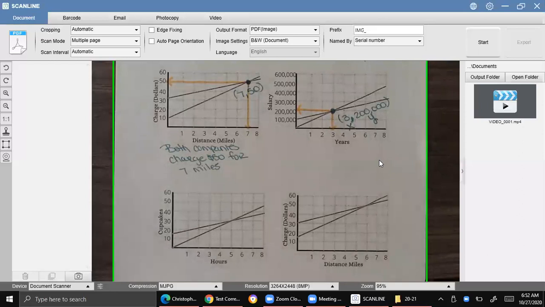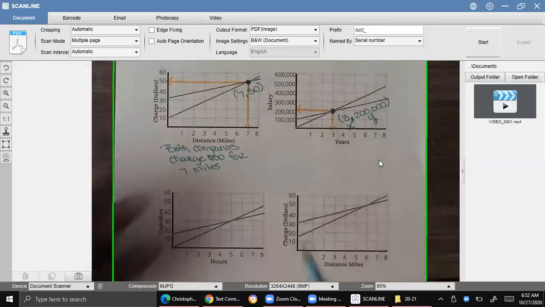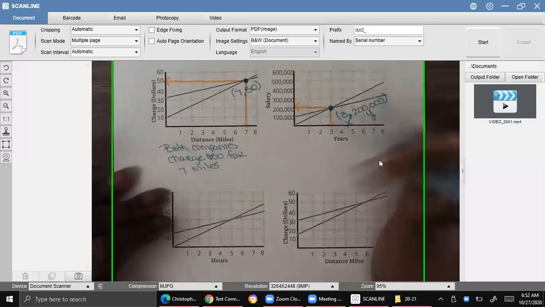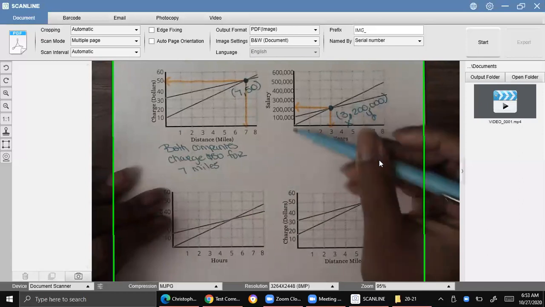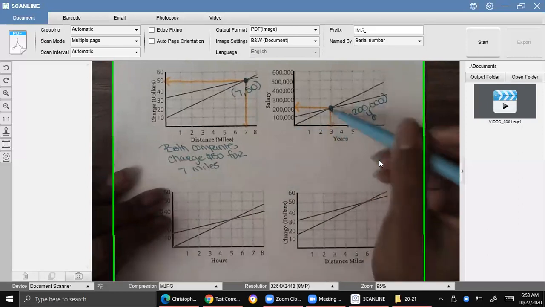So now, if we were to interpret this, what we know is basically this is two different employees and their salary. So this employee, as they work after their first year of working, they're at this amount, second year, third year.